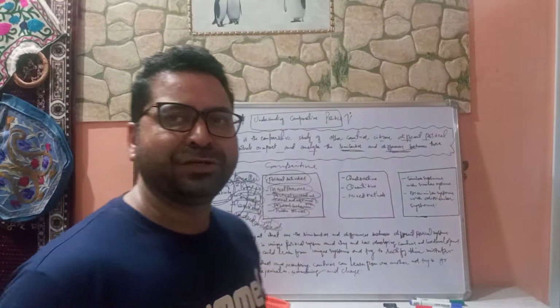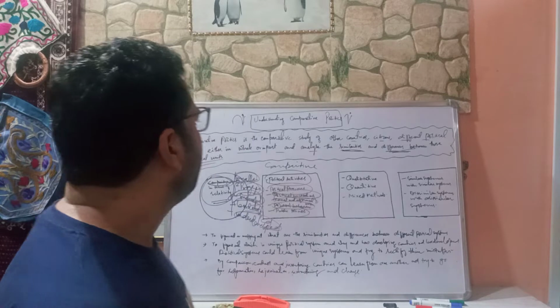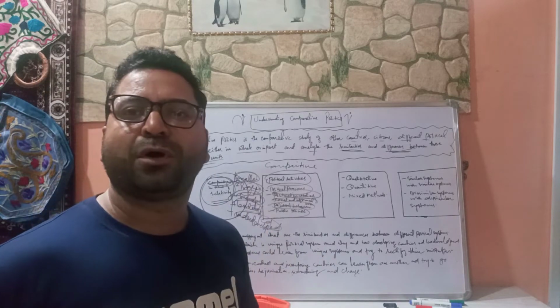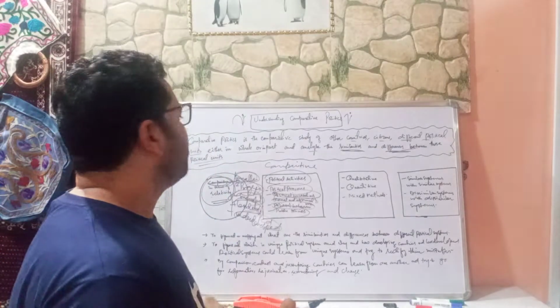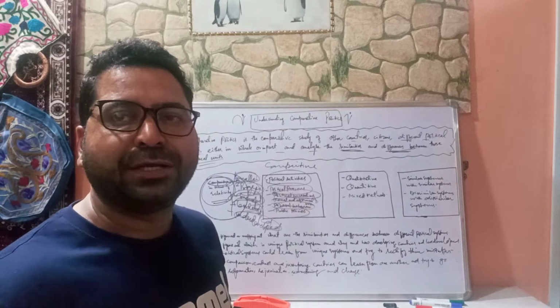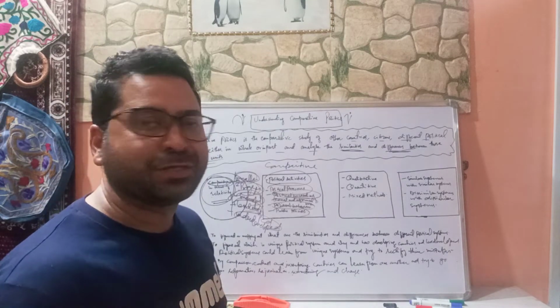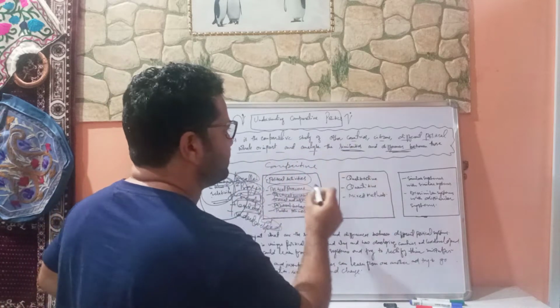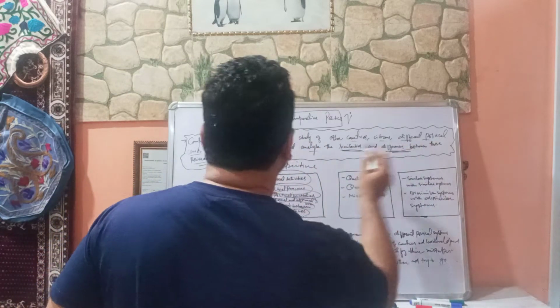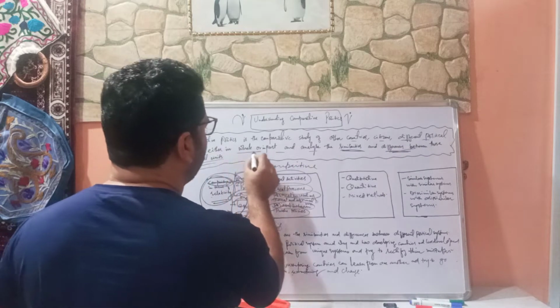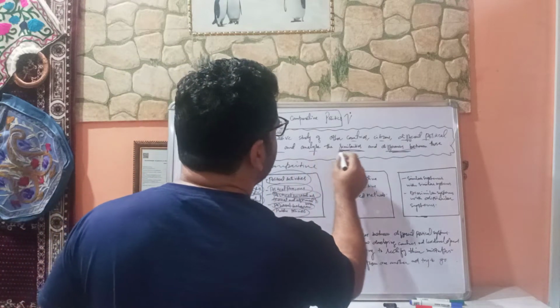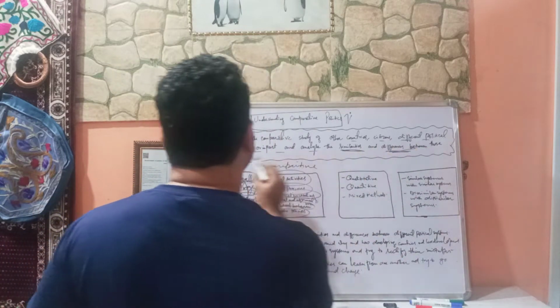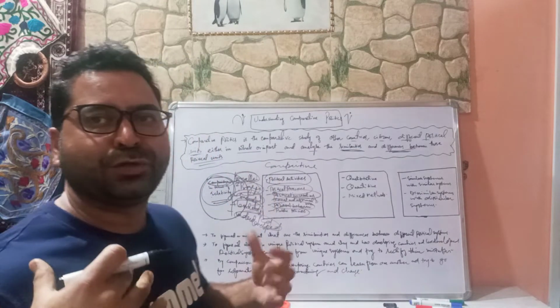Let me start illustrating and trying to explain to all of you. First, I am going to talk about how I am going to define comparative politics. Comparative politics is the comparative study of other countries, citizens, different political units, either in whole or part, analyzing the similarities and differences between those political systems and units.